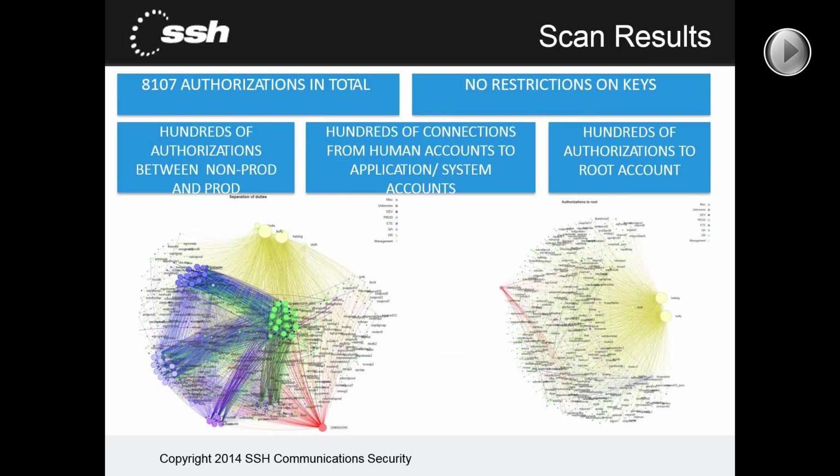Again, to summarize some of the scan results and point to some other things. You'll see the diagram on the left-hand side is showing you the separation of duties, which we explained briefly in the beginning, where you have connections coming from non-production machines to production machines, whether it's a QA, a DR, a development machine, or possibly unknown machines as well.